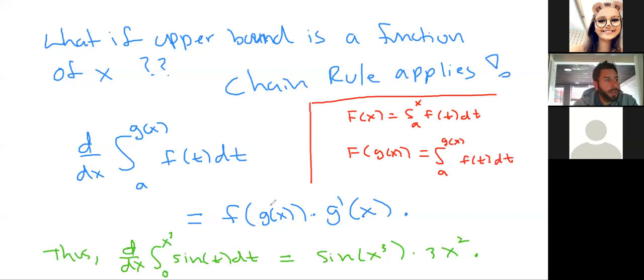So really, you could think of little f of g of x. That's just the derivative. So note that F prime is just little f of x. Now, I don't know if that makes it easier to see or if that confuses you more, but you can think of it that way as well.